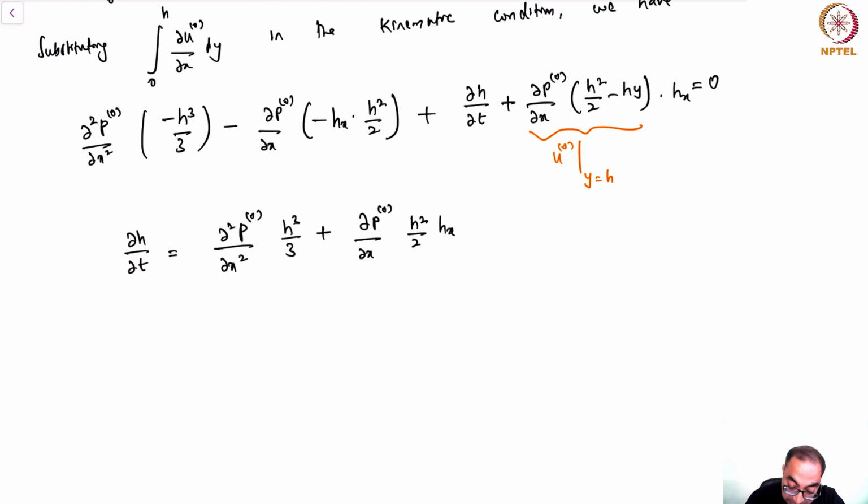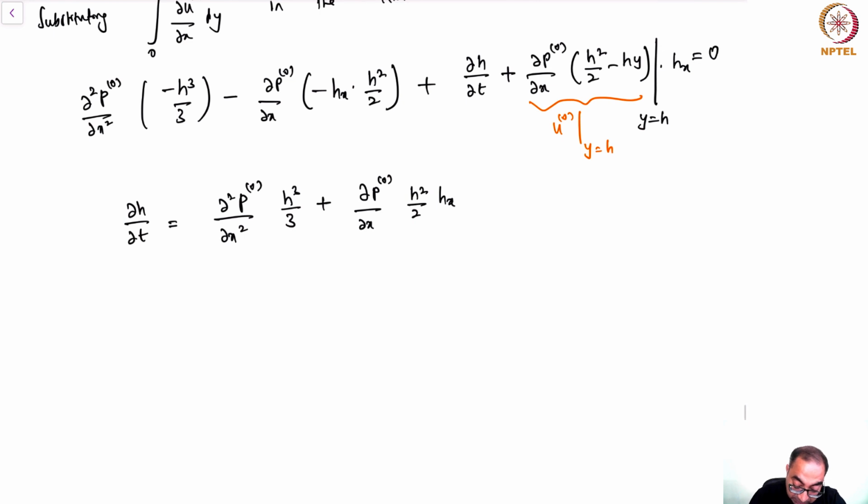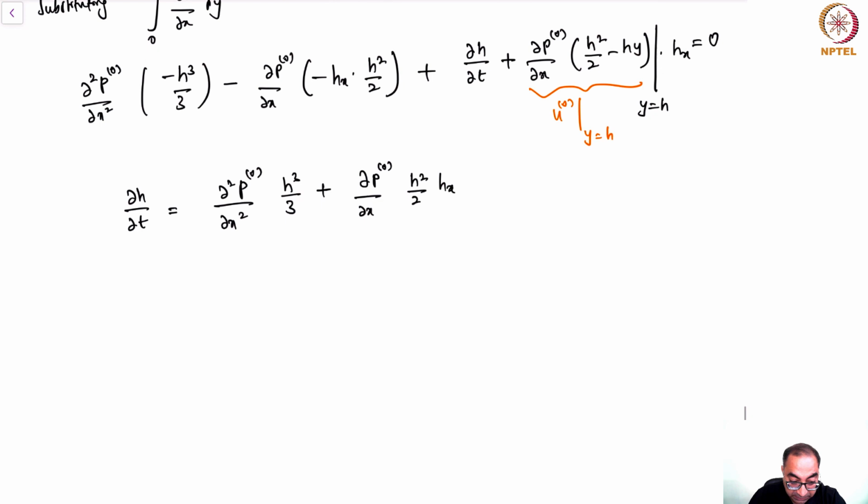Okay. This, remember, here I have not applied the condition. This has to be at y equals h. Okay. So if I apply this at y equals h, we have these cancellations and some of the simplifications. And so finally what we have is this right hand side can be combined into one single term that becomes del by del x of h cube over 3 del p0 by del x.